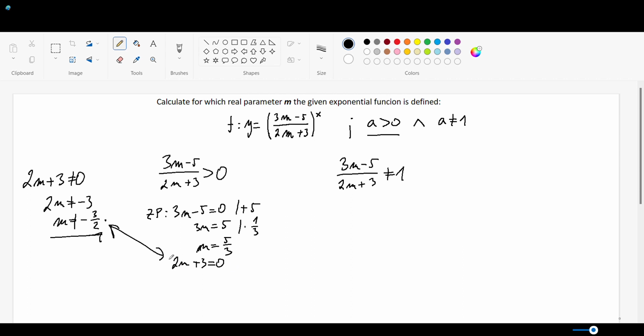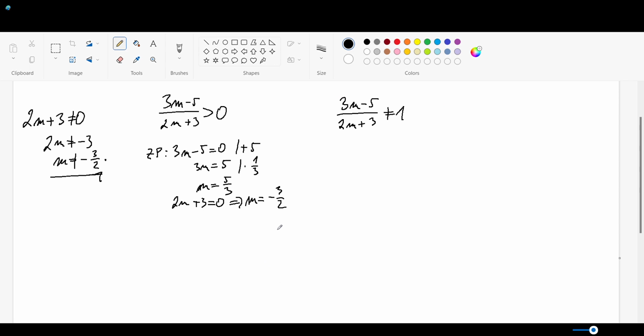Using the information from the previous task, m is equal to negative 3 over 2. Why is it useful? Because these two 0 points will divide my number line like this. Here is negative 3 over 2 and here is 5 over 3.